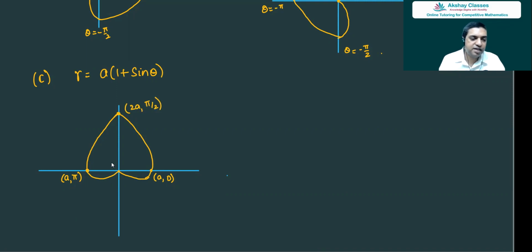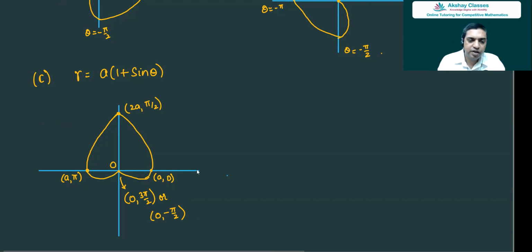And this point, of course, is the pole, and this point is also 0 comma 3 pi by 2 or 0 comma minus pi by 2. Same. So better to take minus pi by 2. That's the same. Now we'll see the integrals.